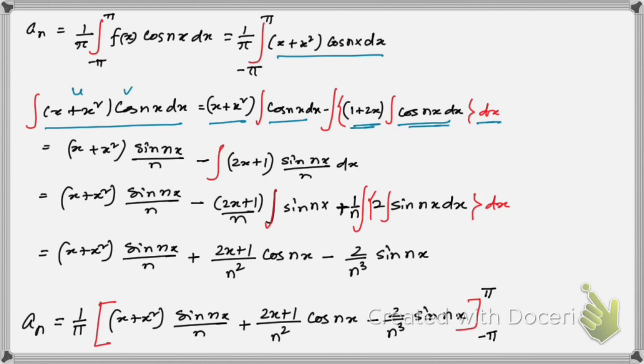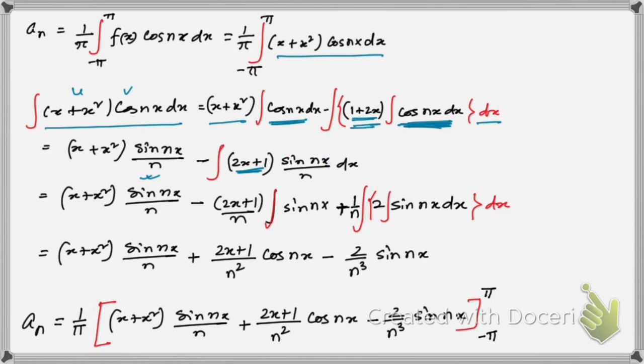So again integration of cos nx, that's going to be sin nx by n. Hope you know these things. And derivative of x plus x square, that is 1 plus twice x, you know these things, right? So integration of 1 plus twice x can be written as twice x plus 1, and integration of cos nx, that's going to be sin nx by n, right?